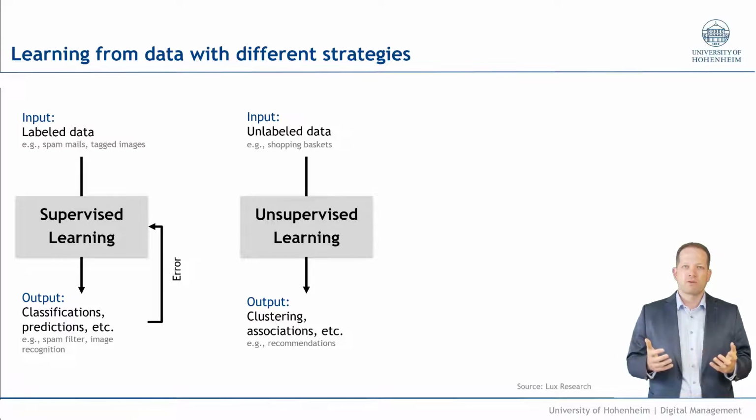You might want to have that for a recommender system, for placement of advertisements or the like. This is a classical example of unsupervised learning. You have this unlabeled data, you supply it to an unsupervised learning algorithm, and the output might be a clustering, an association between different products or so on. And for example, a recommendation, which movie to watch, which different product to display on the site or so.